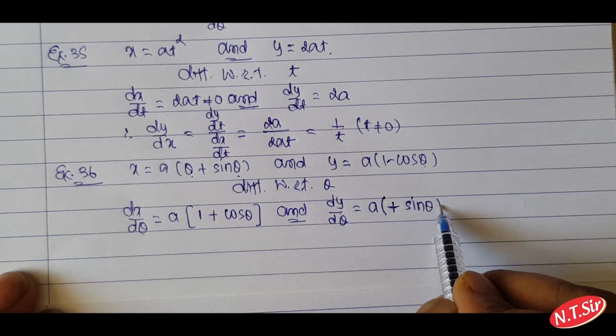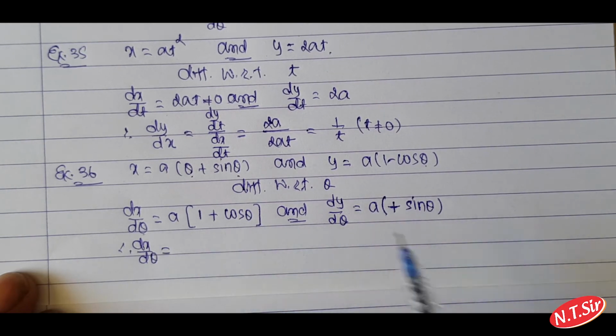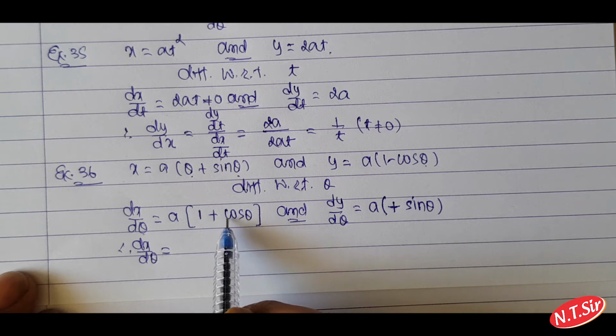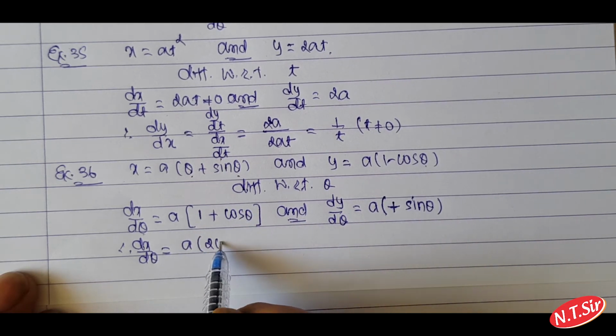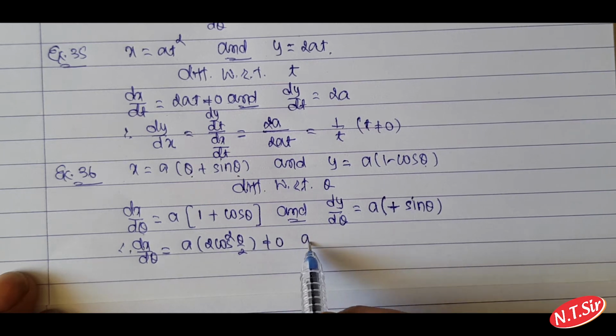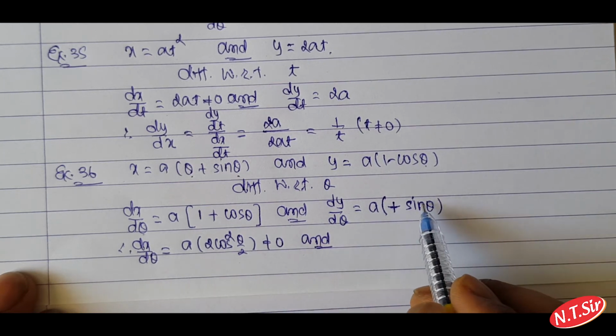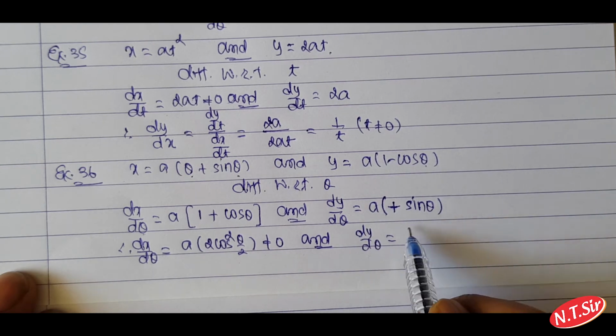Now you know dx by d theta is equal to a(1 plus cos theta), which is 2 cos square theta by 2, so applying that formula, 2 cos square theta by 2, right, which is not equal to 0, and dy by d theta is equal to a sin theta.